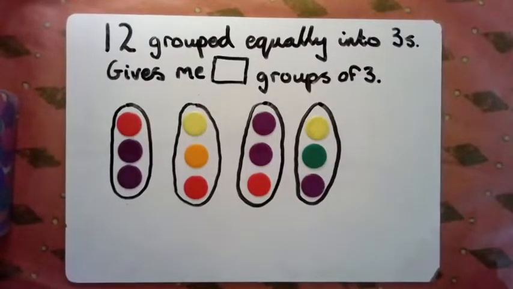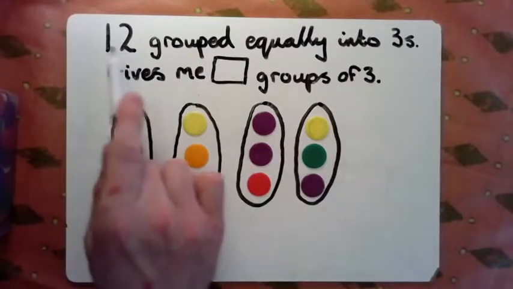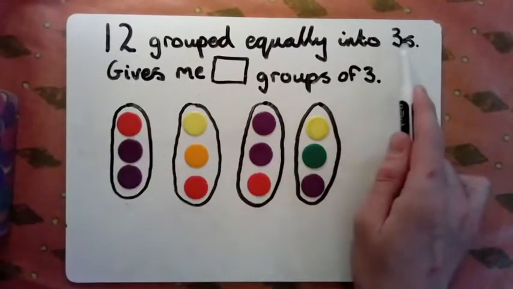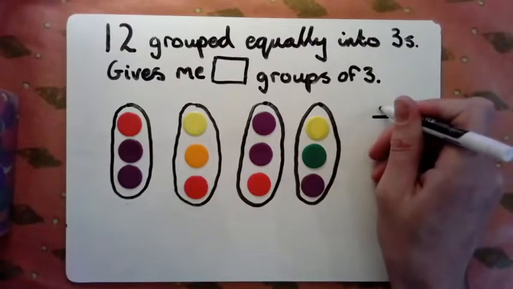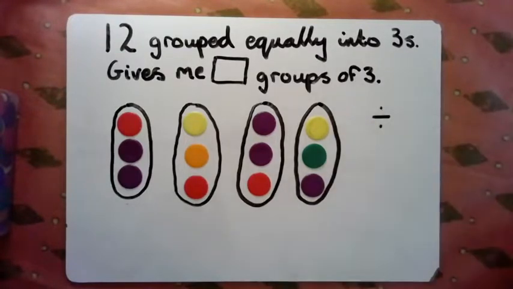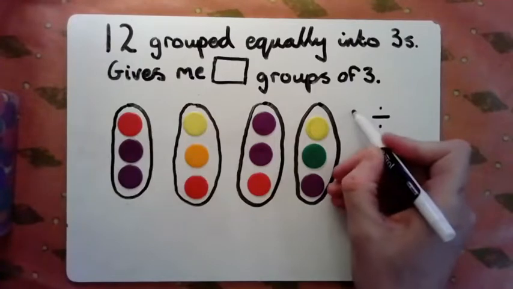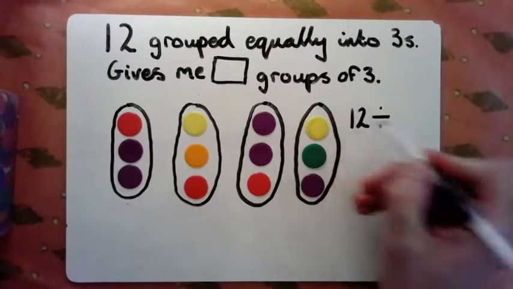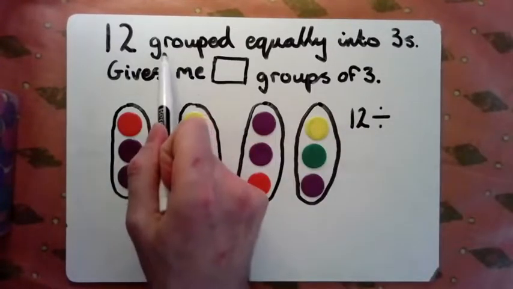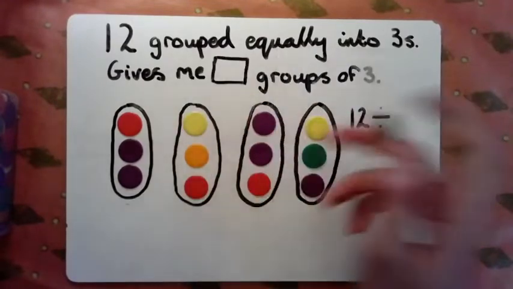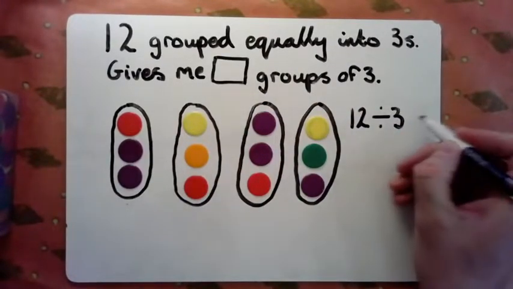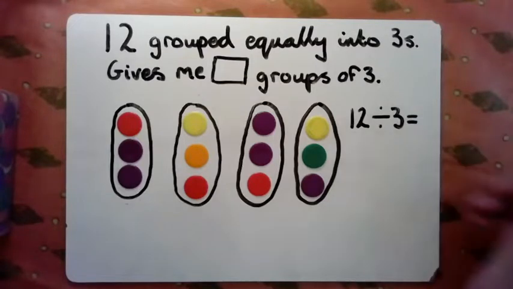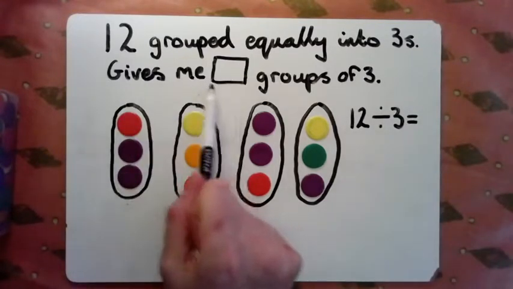Anytime we've got a number and we put it into equal groups like we've got here, we are doing division. Here we are doing 12, and dividing means putting it into equal groups of 3. The answer tells us how many groups we've got.